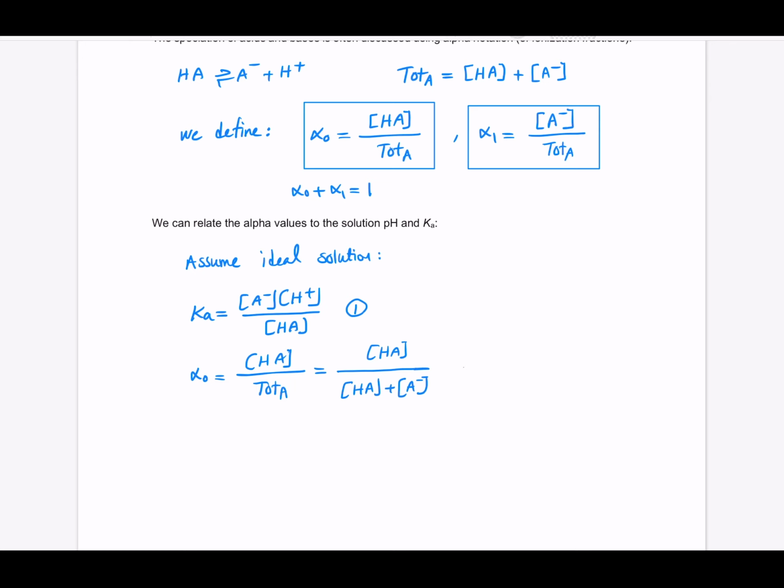And now, based on this one, let's just rearrange this one a little bit. By rearranging this one, we could say Ka times HA divided by H plus.